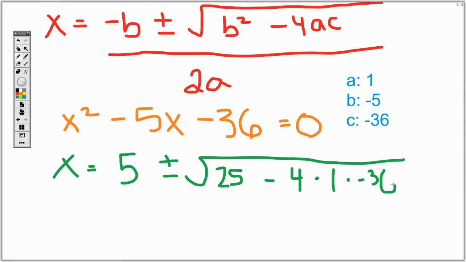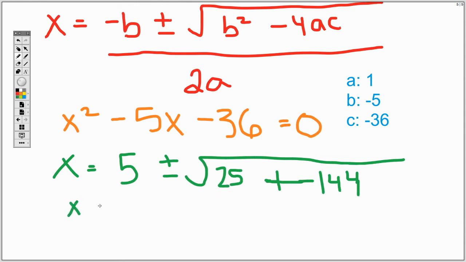And that's a big number. So negative 36 times 4 is minus 144. But we see here that there's a minus sign in front, so if we simplify, a minus and a minus actually make a plus. So it would become 25 plus 144, and that's 169.